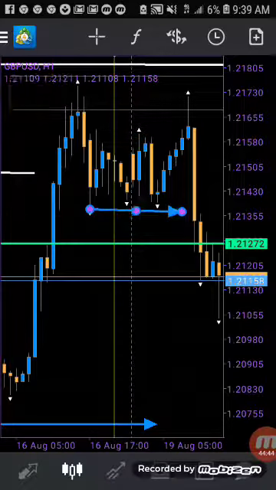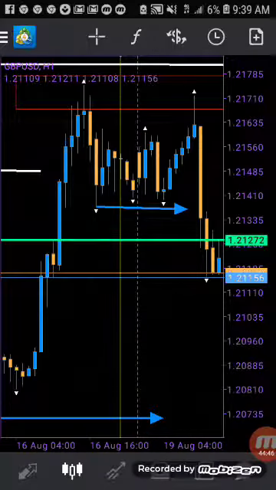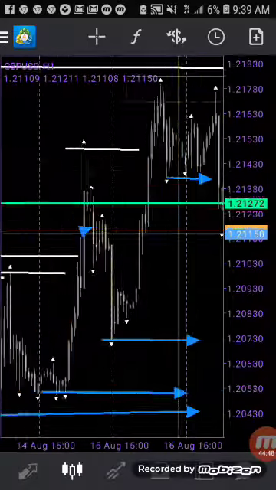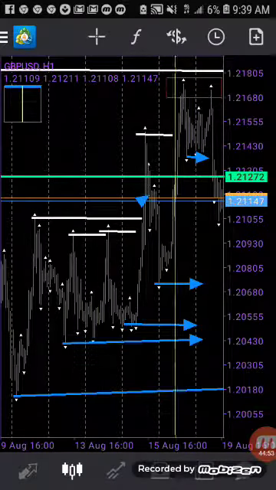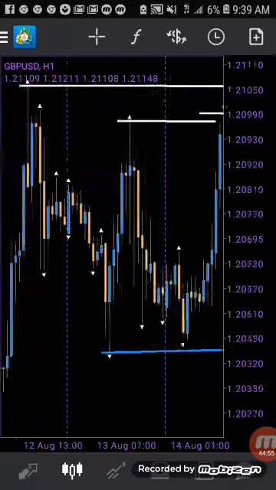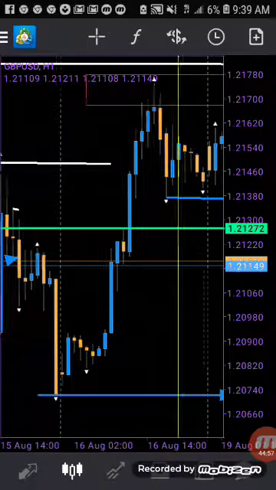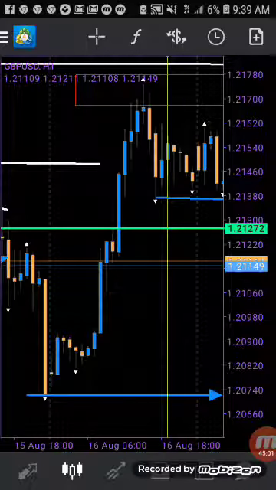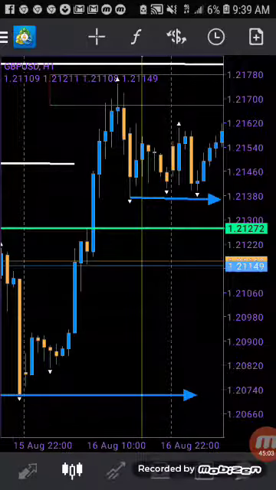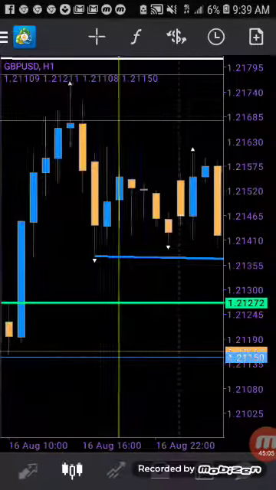Sorry, y'all. Look at my floor, my ceiling. I already saw my daily ceiling. It's right there. I didn't mean to move to the other thing, but it's right there. So I know it's not breaking it. So I'm thinking that could be the highest point right there.